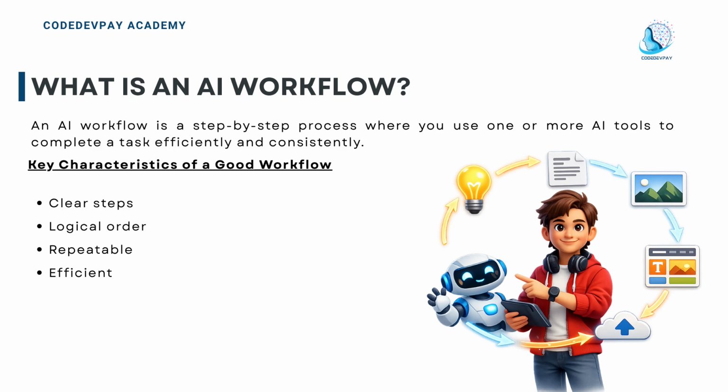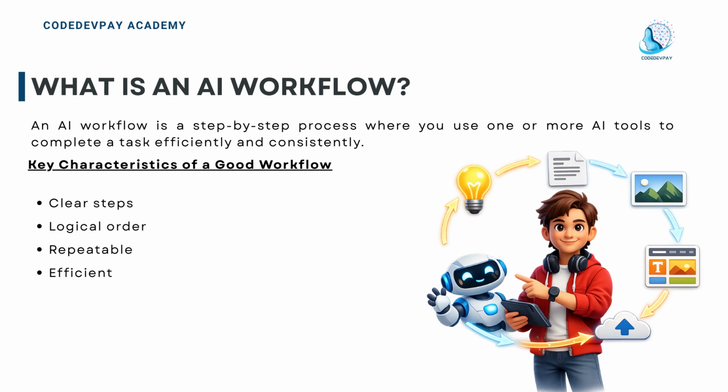The first thing to look at is what an AI workflow is. When we talk about an AI workflow, it is a step-by-step process where you use one or more AI tools to complete a task efficiently and consistently.